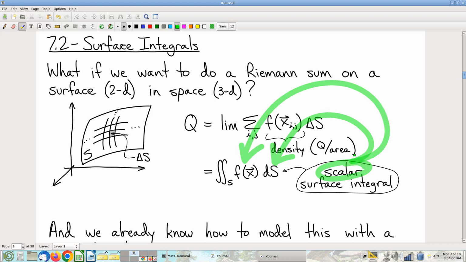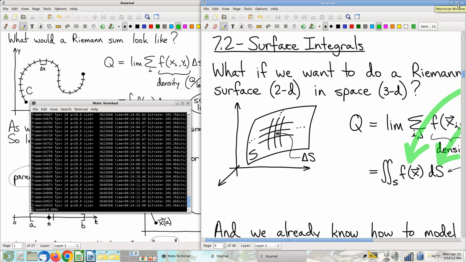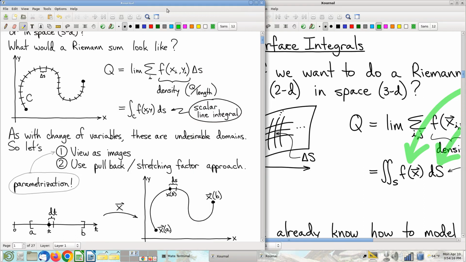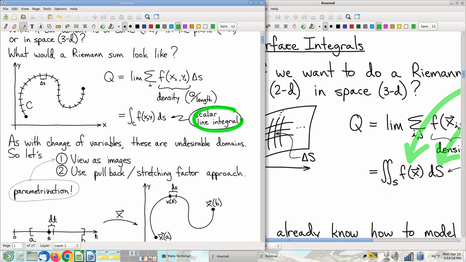Now, this might seem kind of familiar. And it is very similar to what we did when we were defining scalar line integrals. The whole is the sum of the parts, right? It's just that we're looking at the whole curve, which is the sum of a bunch of little pieces of curve.